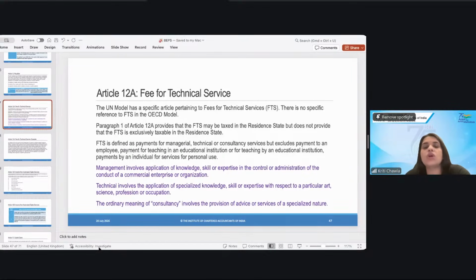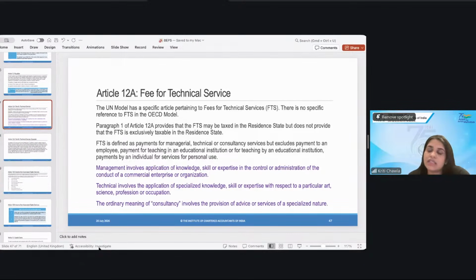Technical involves the application of specialized knowledge, skills, or expertise with respect to a particular art, science, profession, or occupation. And the ordinary meaning of consultancy involves the provision of advice or services of a specialized nature. That is basically FTS: management, technical, and consultancy services.